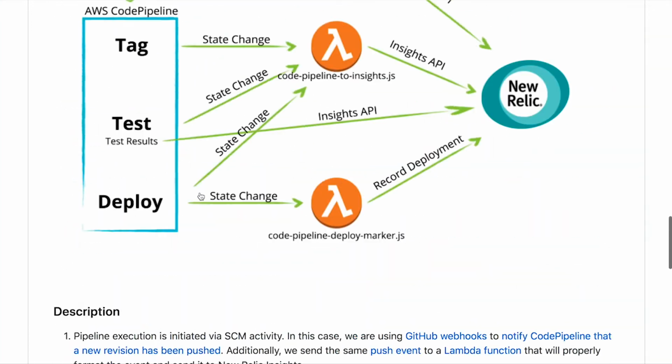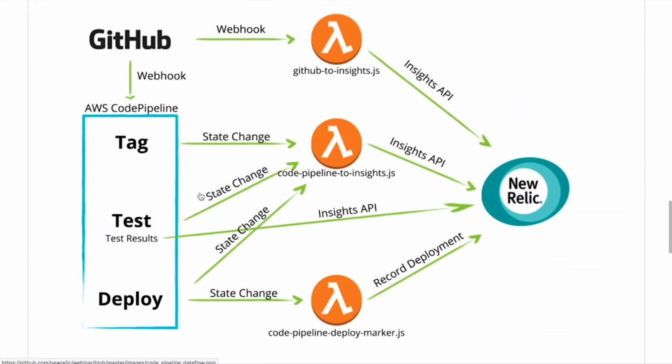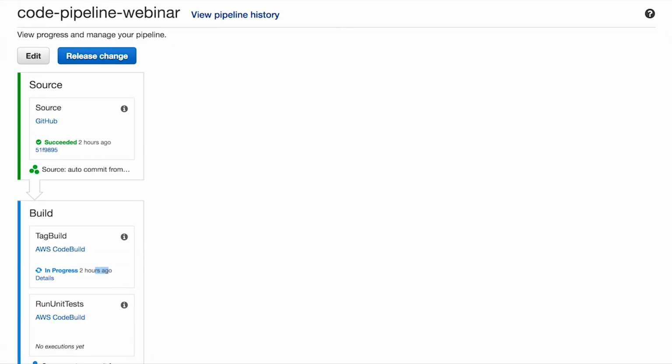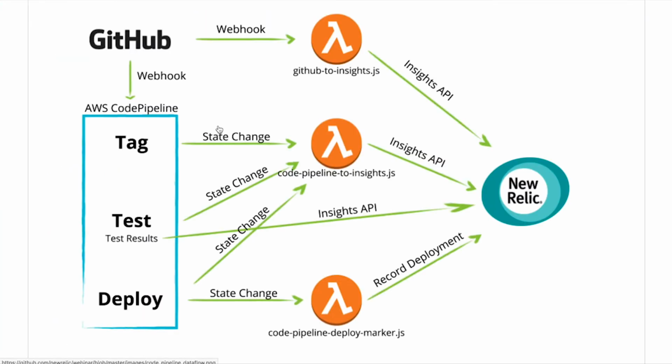So right now I just want to show you the high level view of the data flow. The blue box over on the left represents the data pipeline, and it actually looks similar to the pipeline itself. The idea is that we're showing this data propagate through from its sources, which would be GitHub and the code pipeline itself, as well as some of our code itself, because something like unit tests, right?